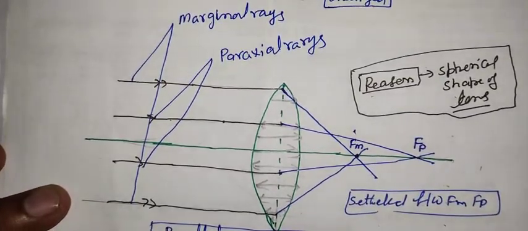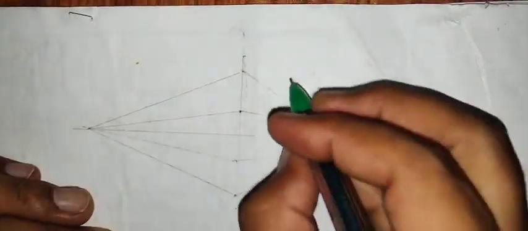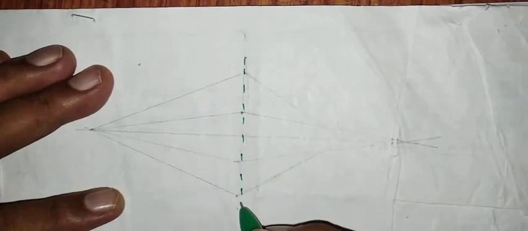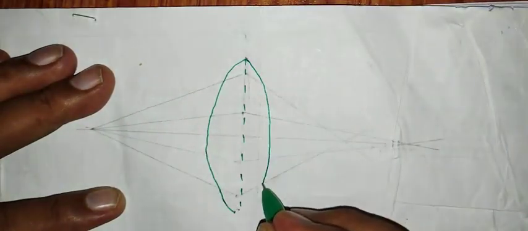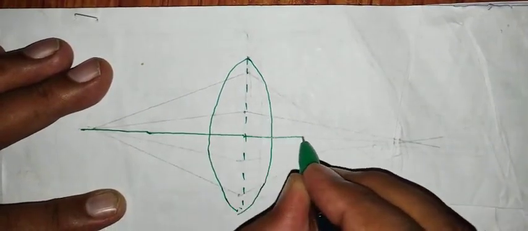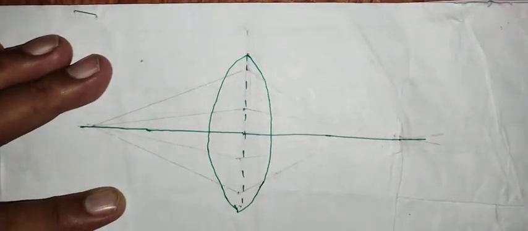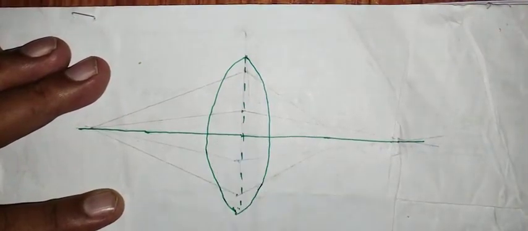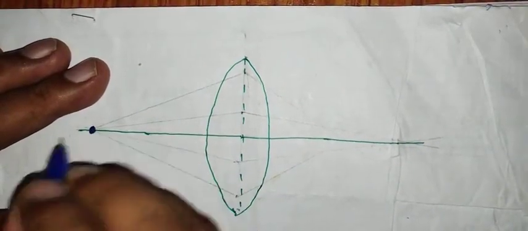Now let us see spherical aberration when we take a point object. When we take a convex lens, let this be the principal axis. The convex lens has a spherical shape. Different parts have different thickness and different radii of curvature. That is why the focal point is different. Let us consider a point object is here.